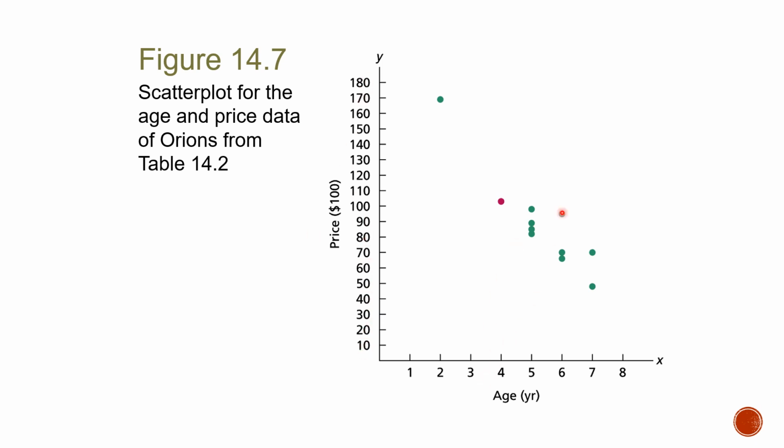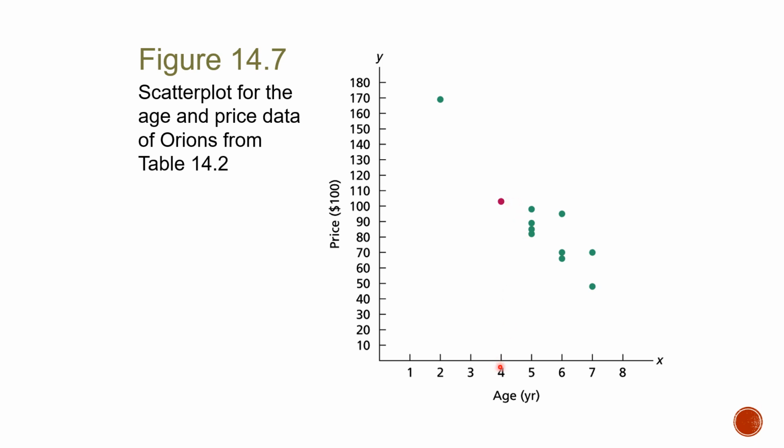We have plotted the individual data points on this plane, and each dot represents a particular age and the corresponding price.